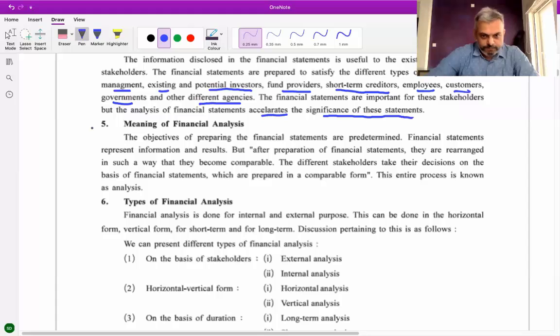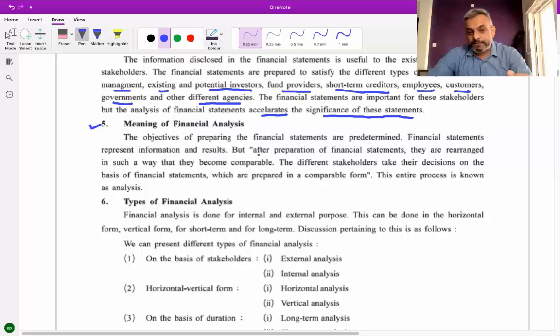Again, this is important. What I'm covering is important. You should know it because it can come as a multiple choice question or a short answer. The objective of preparing financial statements is predetermined. Financial statements represent information and results.